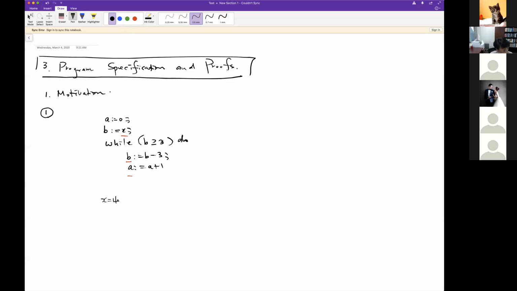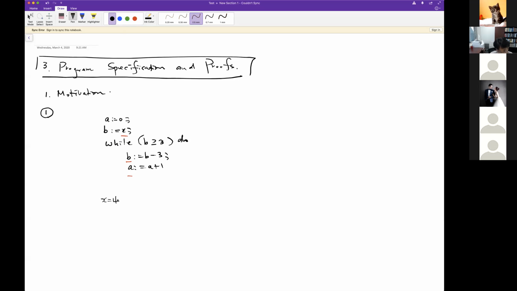So sometimes we want to formally specify the intended behavior of this program. Instead of just saying this is computing integer division by 3, we want to formally say exactly the same thing in such a way that some machines can check whether what we said is actually correct or not. So we want to formally specify its intended behavior.